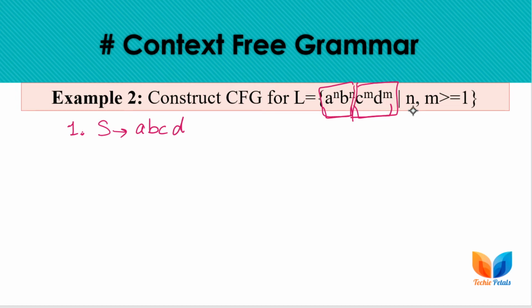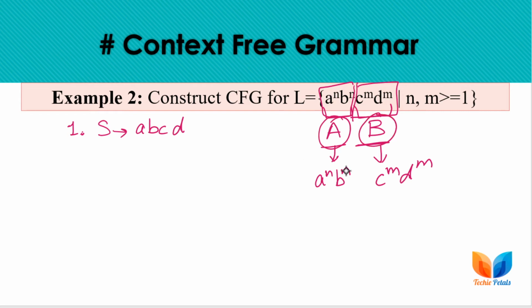For these two patterns we have to use different non-terminals: A is the same as the language a raised to power n, b raised to power n, which we have already covered in earlier lectures, and B is the same as the language c raised to power m and d raised to power m. These two non-terminals derive the two expressions respectively, and in the end we just put A and B in concatenation.